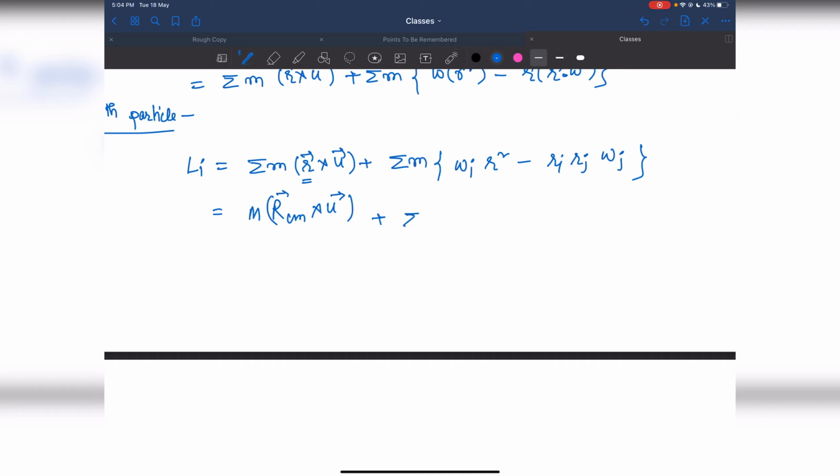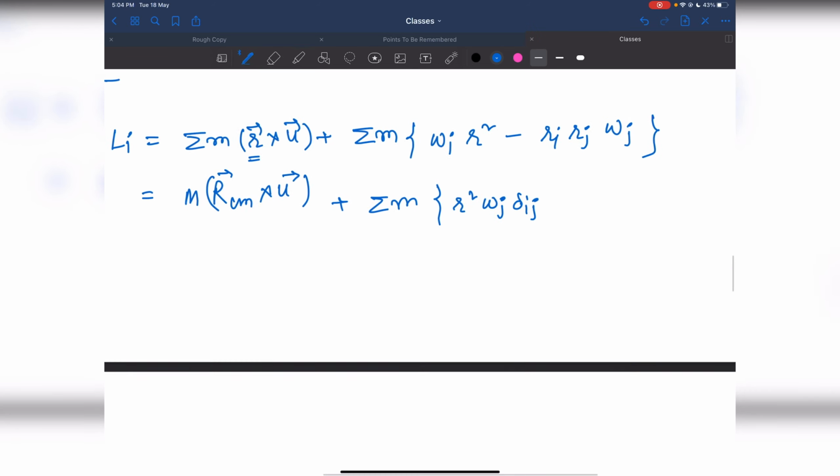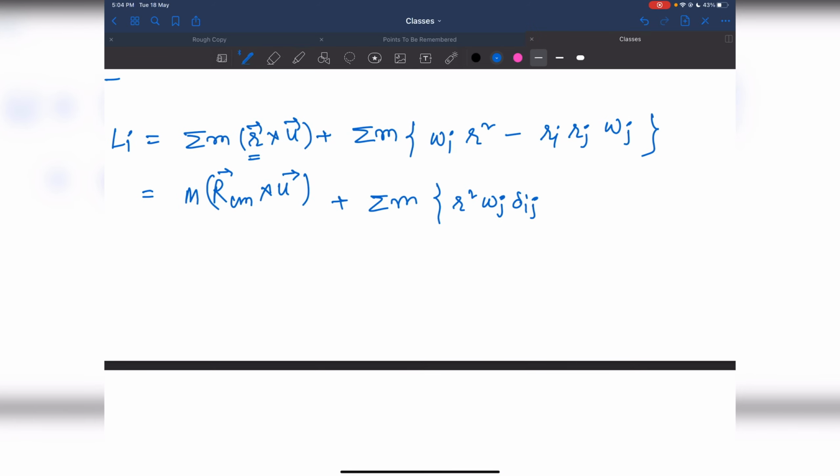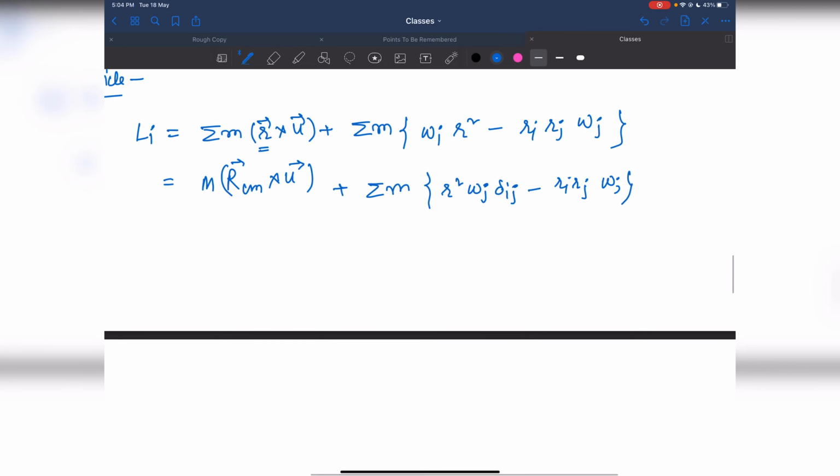Plus summation of m. Now I can write it as r square, change the omega i to omega j, and write del ij, which is the Kronecker delta. Now we have ri, rj and omega j, so we can take omega out of the bracket.